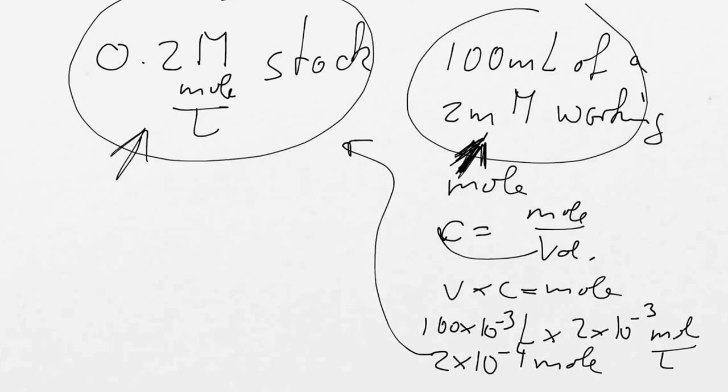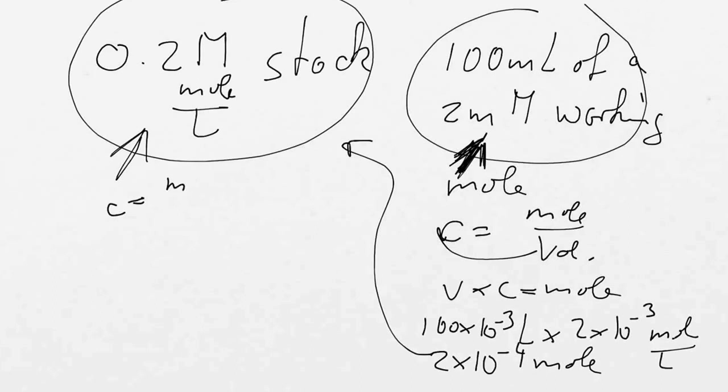How do I do that? Well, again, we have concentration equals mole per volume. And now I need to find out how much of the volume, how much of my stock I need to take, of this liquid I need to take.